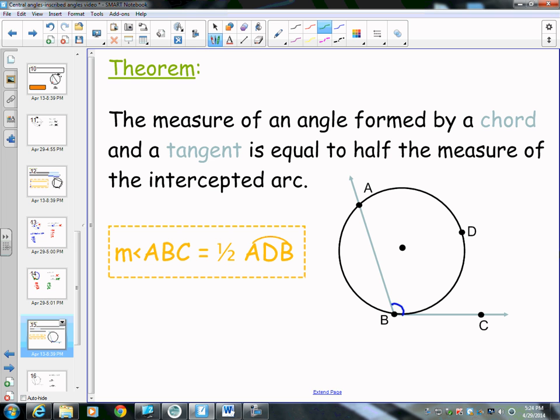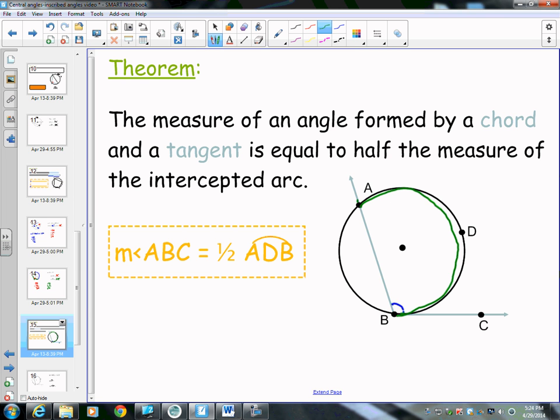So this is very similar to an inscribed angle. So this arc, A, D, B, that was bad. Let's try again. A, D, B. That's the best I got. So the arc ADB is going to be twice the angle, or the angle is half the arc.